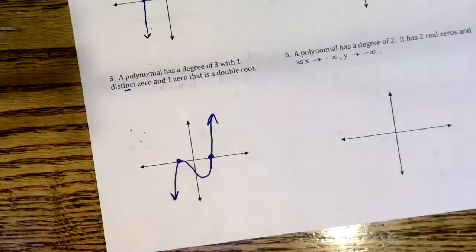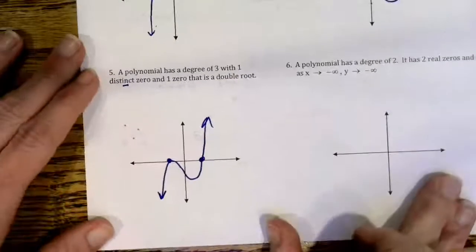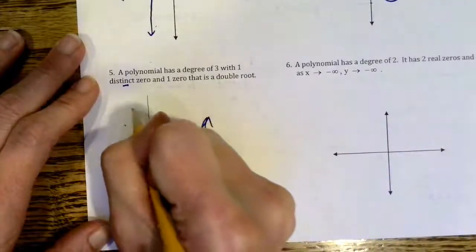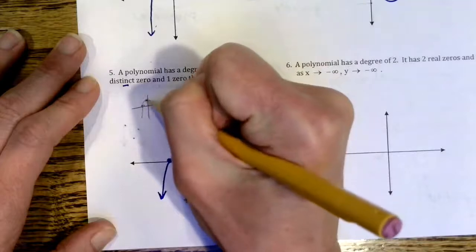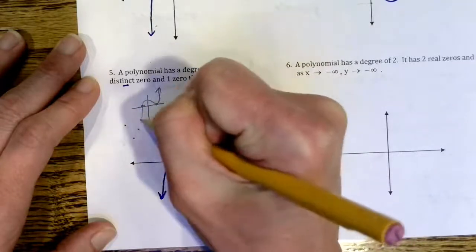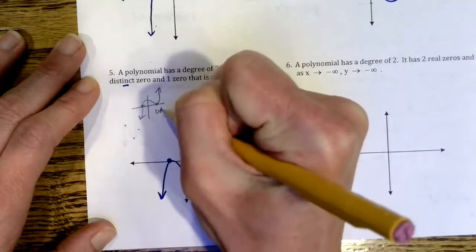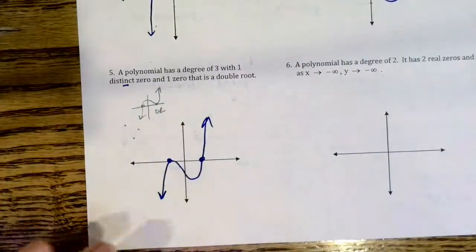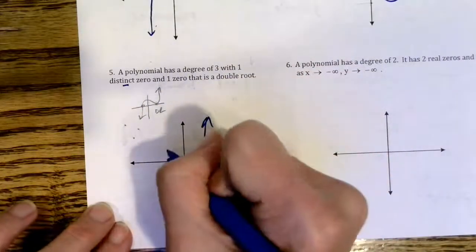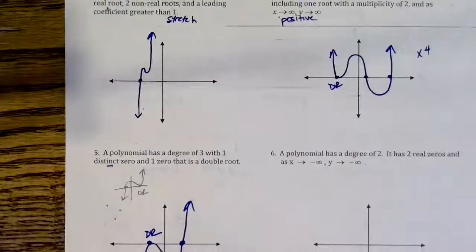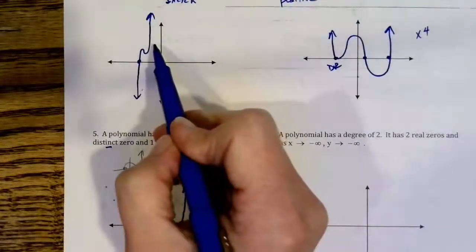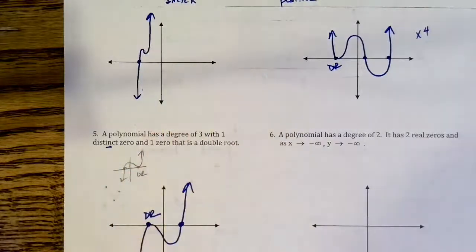If you're confused by this and you're like, well, how'd she know? If it doesn't give me specifics, I can guess. If I wanted to have this be this way and make this one my double root, I could have. Instead, I made this one my double root. So think about the difference between a double root and a non-real root. That's where it doesn't touch the axis at all.